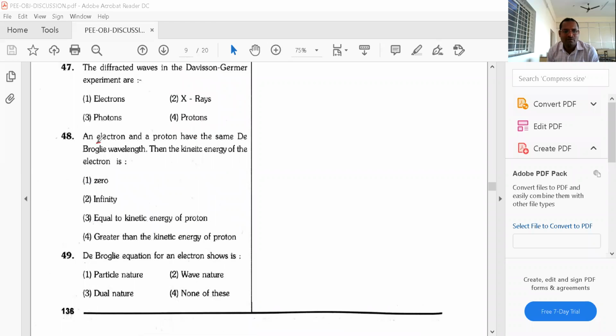Then what about the kinetic energy of the electron? So the de Broglie wavelength of the electron is equal to the de Broglie wavelength of the proton. The electron is written as -1 0 e, and the proton as 1 1 H.